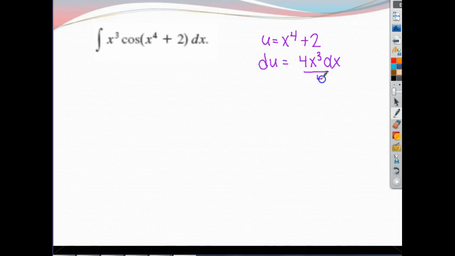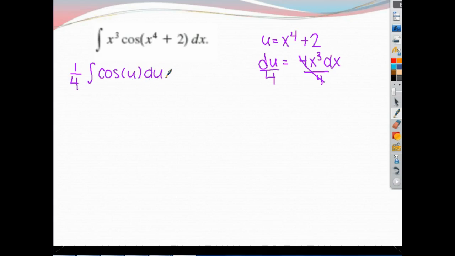So divide both sides by 4. So I can substitute out the x cubed and the dx, and I can change this to a u. So you have 1/4 the integral of cosine u du.